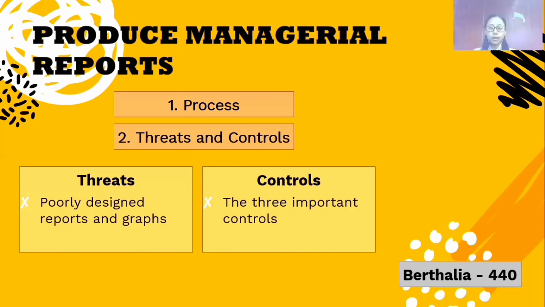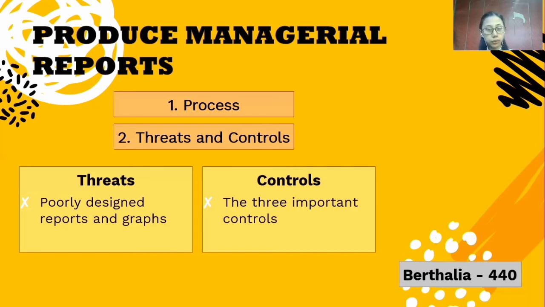And here, the threat and the control is only one, that is a poorly designed report and graph, because it can cause the manager to make a bias when the manager makes a decision.